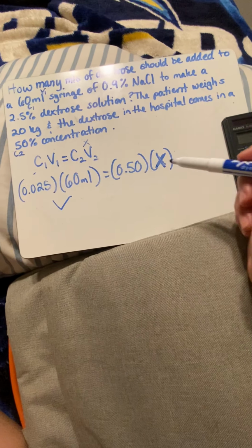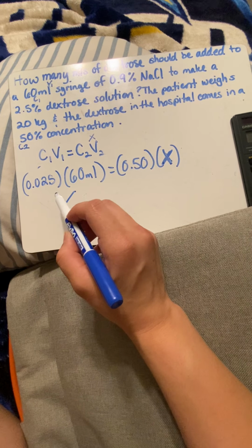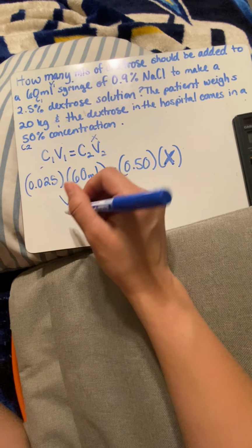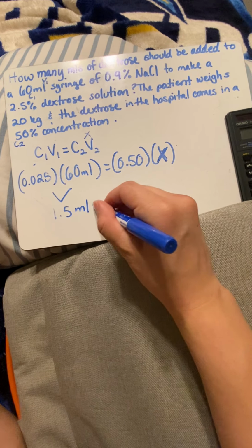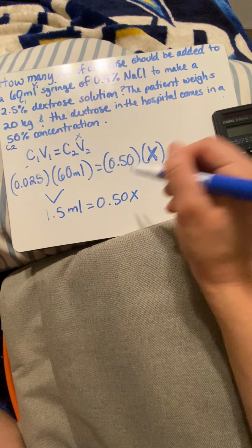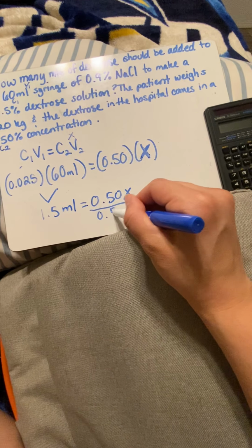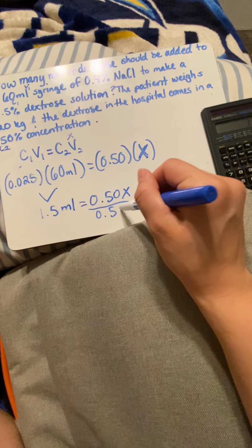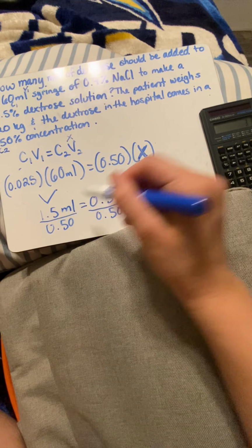So I multiply 0.025 by 60, which gives me 1.5 mLs, units follow, and then divide by 0.5.